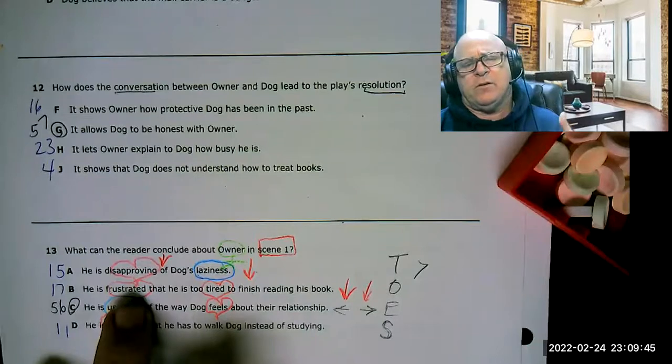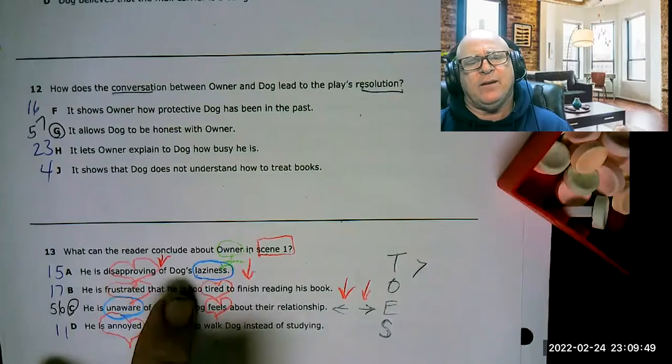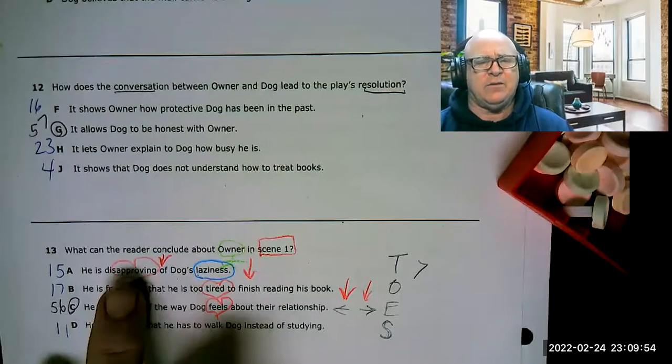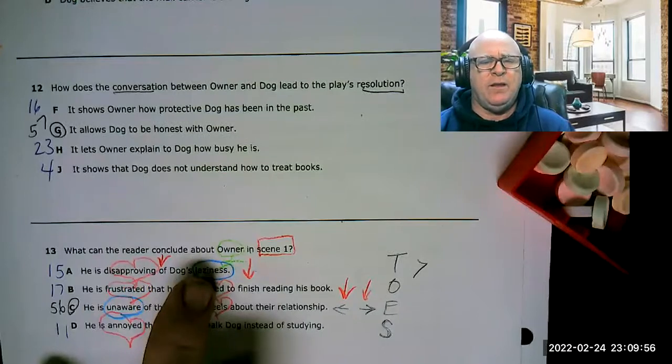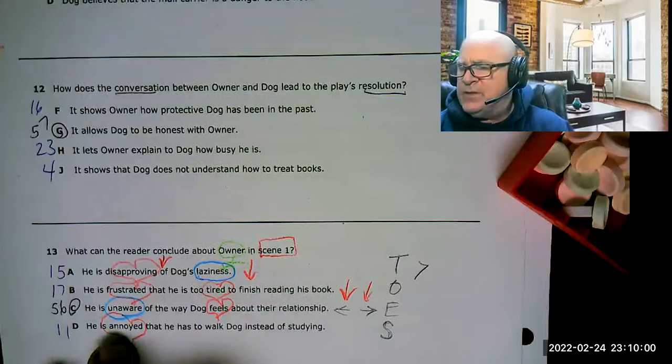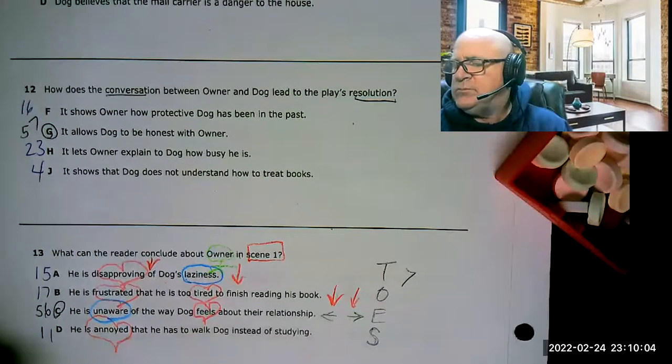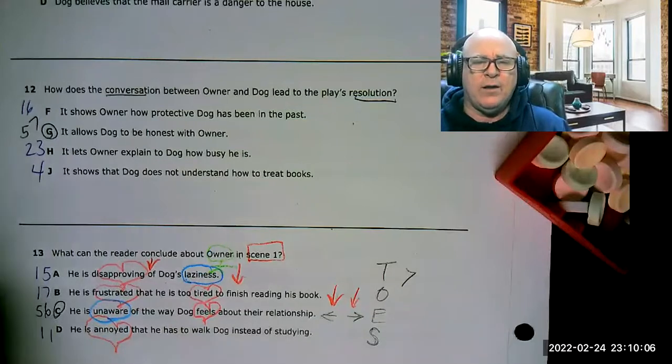I'm frustrated about my dog not realizing how good he's got it, but not because my dog's lazy. There is nothing there about laziness. He is annoyed that he has to walk dog instead of studying. At no time did the details talk about walking the dog?